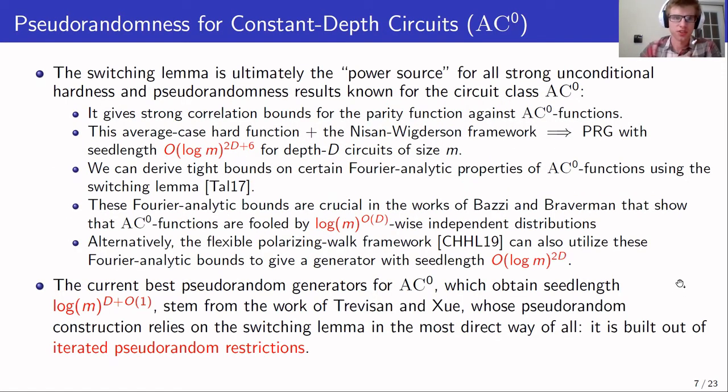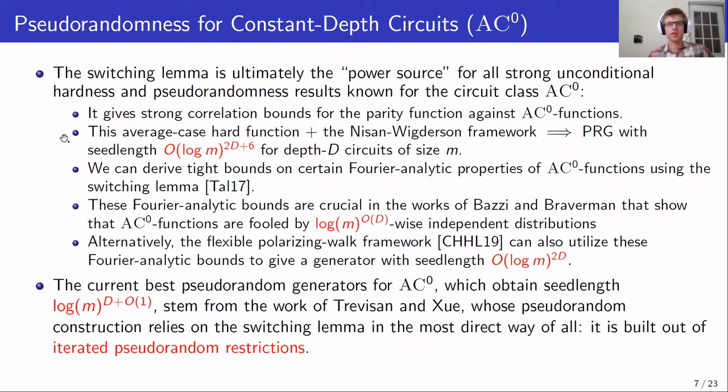Okay, so one thing I want to highlight is that the switching lemma is ultimately the power source for all strong unconditional hardness and pseudorandomness results known for the circuit class AC0. So here is a sampling of those results. One thing is it gives strong correlation bounds for the parity function.